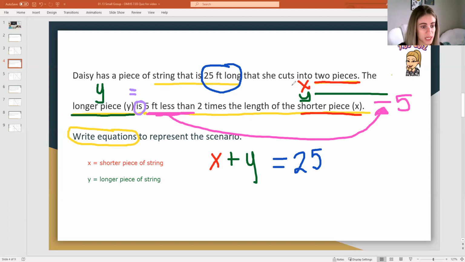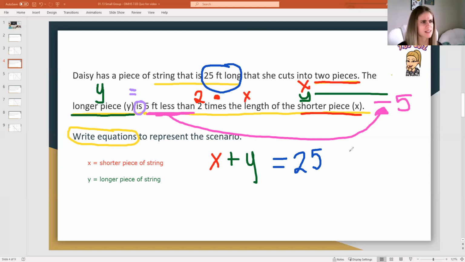All right, what I'm going to read next is that it is 5 less than 2 times, so that's multiplication, the length of the shorter piece, which is x.